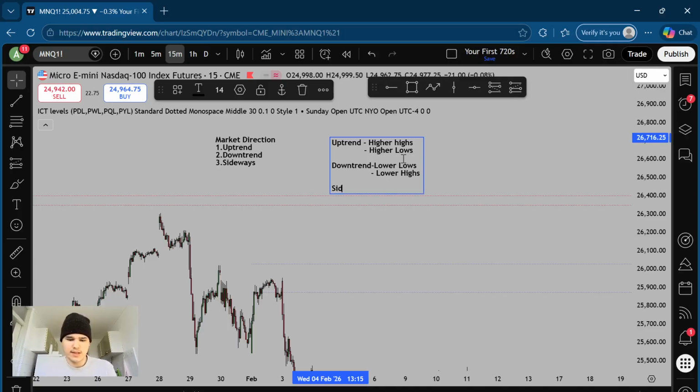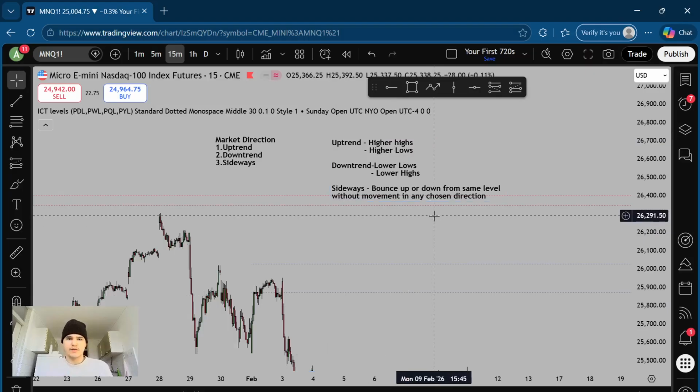Okay, sideways trend is no higher highs, no higher lows, no lower lows, no lower highs. So it bounces up or down from the same level without movement in any chosen direction. So sideways is probably self-explanatory for you guys, but these are the main things you need to know.